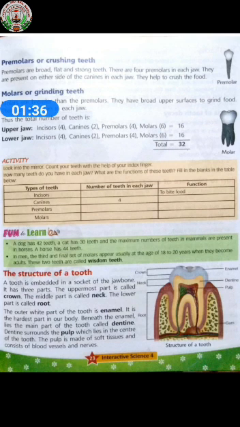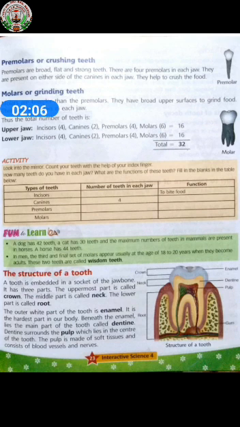So children, today we will study the structure of a tooth. First I will explain to you the structure of the tooth. Listen carefully. A tooth consists of enamel, dentine and pulp tissue. The portion of a tooth exposed to the oral cavity is known as the dental crown, and the portion below the dental crown is known as the tooth root.